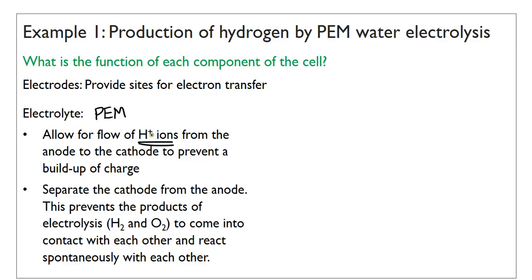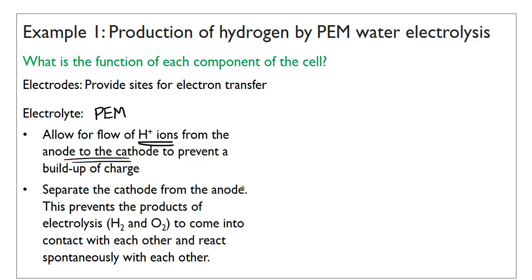Please write the charge correctly, H+ ions from the anode to the cathode. In some other situations, it may be another ion and it may be going from the cathode to the anode. So you want to be as specific as you can because that's how you show that you understand the context, which is how you get full marks in these questions, showing an understanding of the context. So don't just say things in general and then wonder why you don't get full marks.